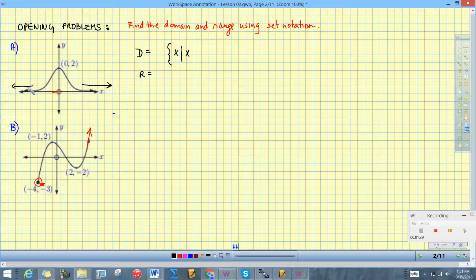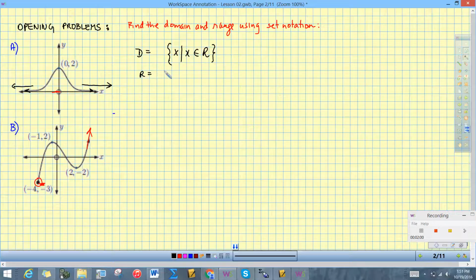And how do I know that they're possible? Because I do see that there are arrows. So that tells us that x is going in every direction. So when that occurs, I can just say that the set of all x is such that x is an element of, or belongs to, the real numbers. And what that is telling me is that the value of x could be any number, because it is allowed to be any number.